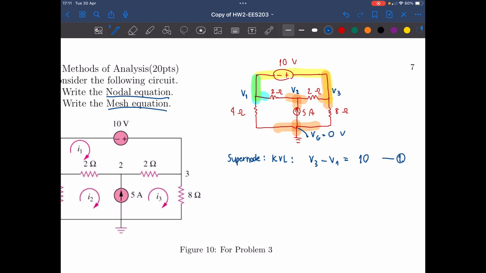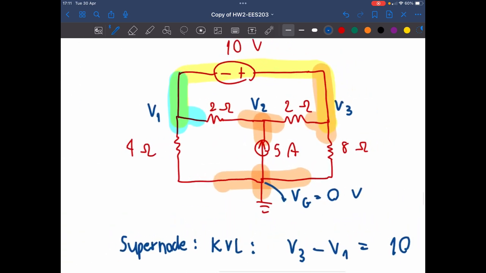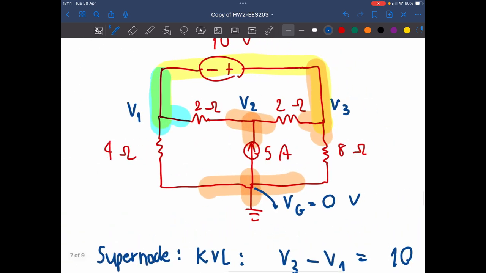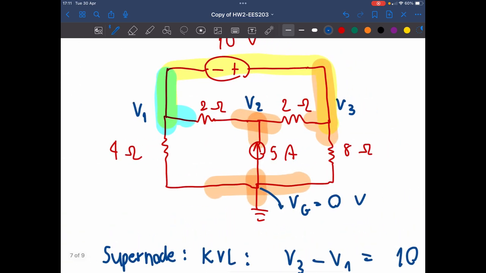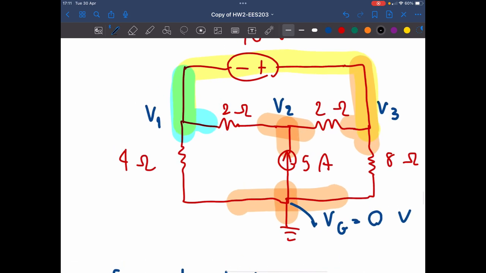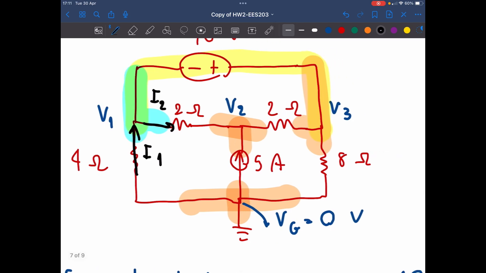Alright. Now for the other 2 equations, let's look at the head and the tail of the supernode here. When we focus on this part here, we could say that it's a current that flows through here, which we could represent as I1. The current that goes out, I2. Another current that goes in here, I3. And the current that flows out, I4.